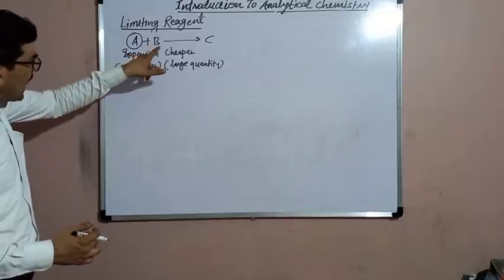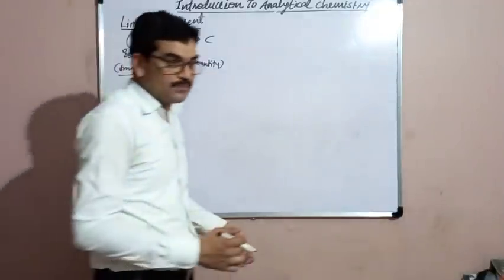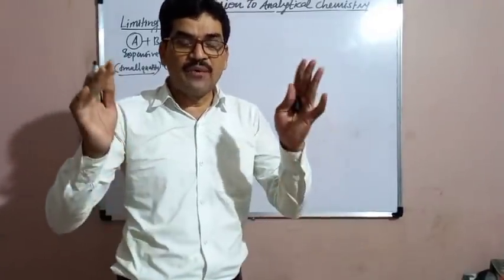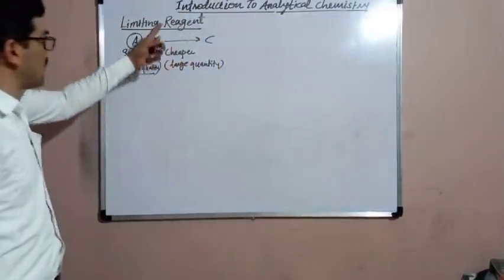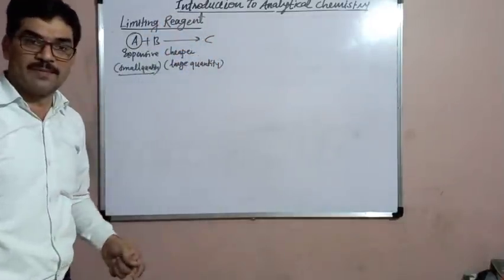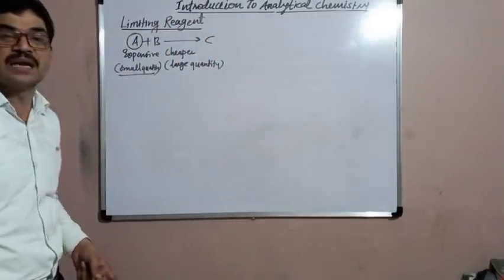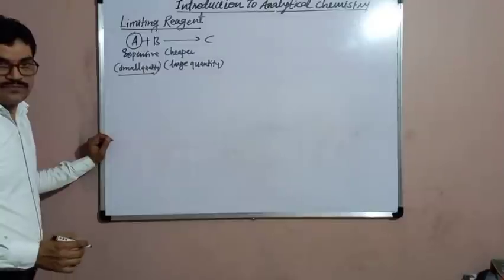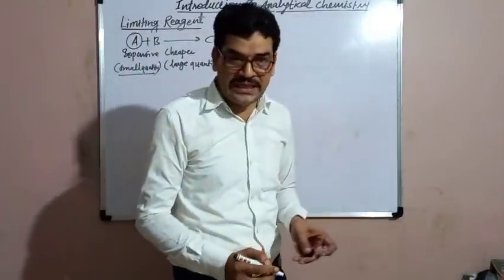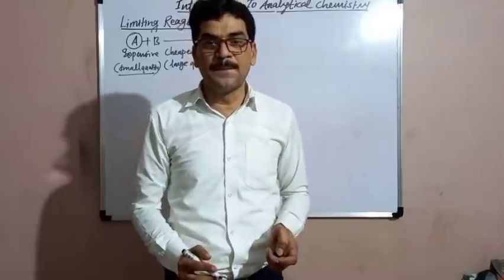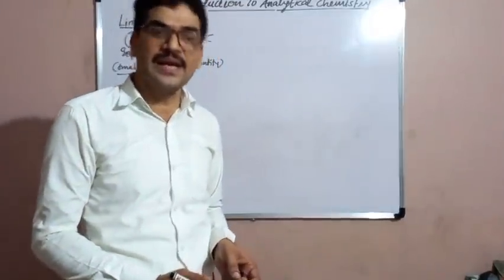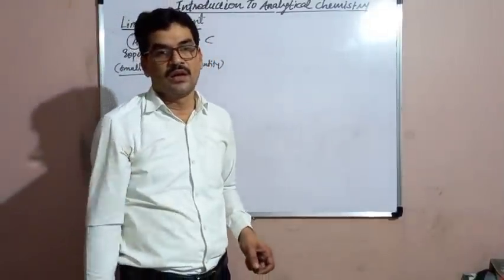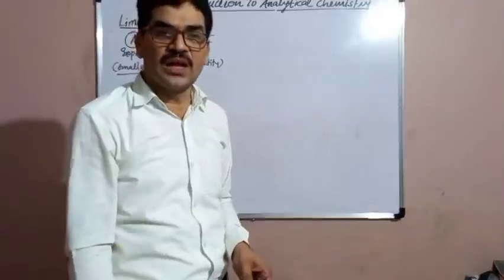While the other reactant which is taken in large quantity is not completely converted into the product. Only the required amount of that reactant is converted into the product, while the remaining quantity remains as it is. So the reactant which is taken in smaller quantity, which is completely consumed in the chemical reaction, limits the further progress of the reaction.